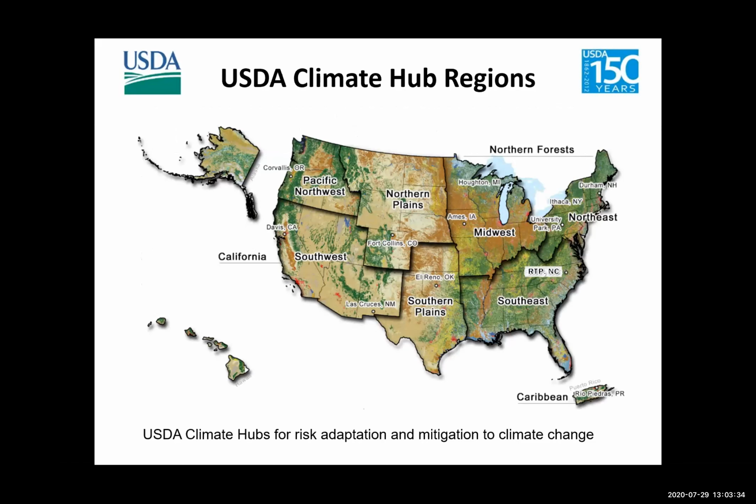There are 10 regional climate hubs, 7 that are truly regional in nature, as you see, southeast, southwest, northwest, and so on. And then there are 3 other smaller localized hubs that have a unique focus, and they're the California hub, the Caribbean hub in Puerto Rico, and the Northern Forest hub in Michigan.